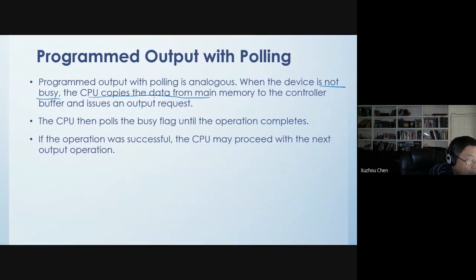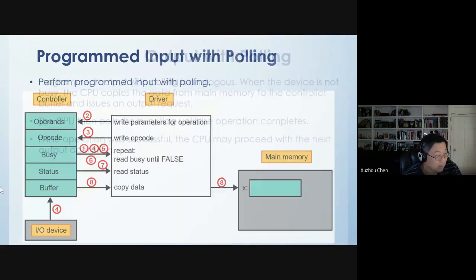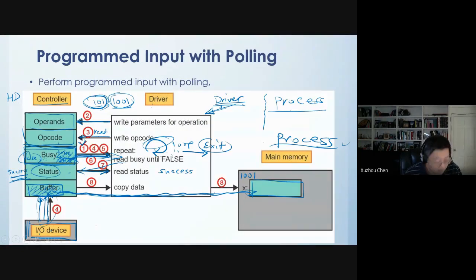The CPU copies the data from the main memory to the controller buffer, and issues an output request. And then the CPU polls the busy flag again. So let's just go back with this.